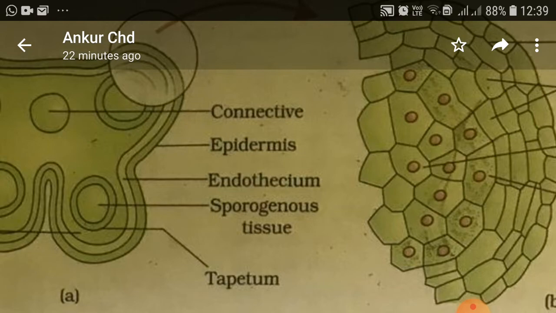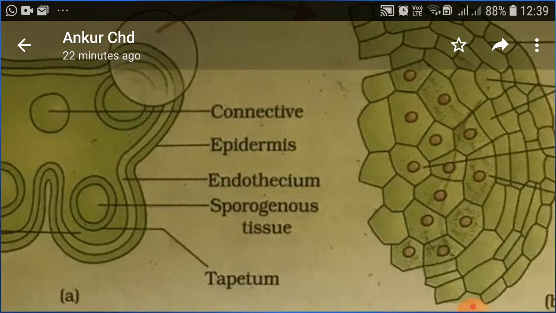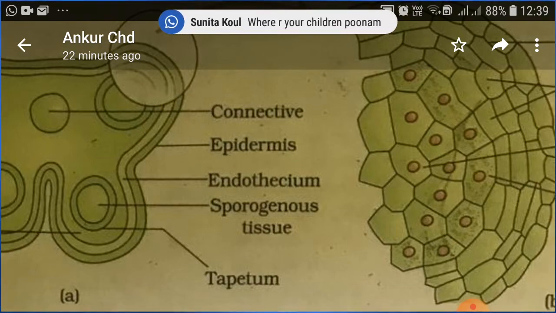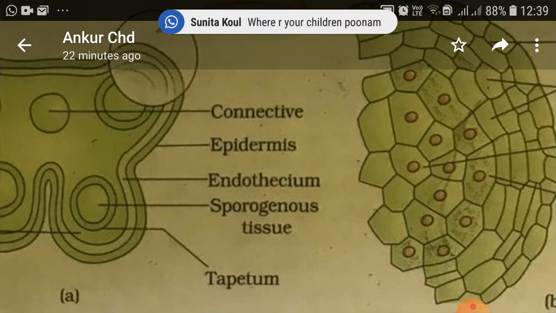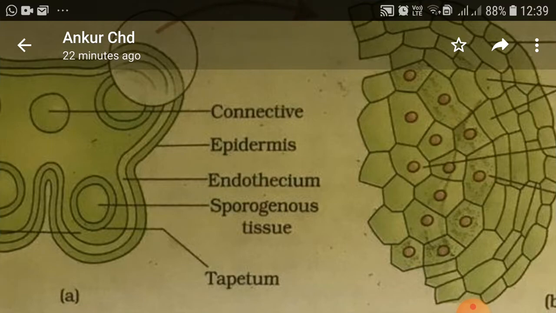The tapetal cells may be uni, bi or multinucleate, and they possess dense cytoplasm also, and they give nourishment to the growing sporogenous tissue. So the innermost is present the sporogenous tissue. So inside, in the middle, in the core of this theca, is present the sporogenous tissue.